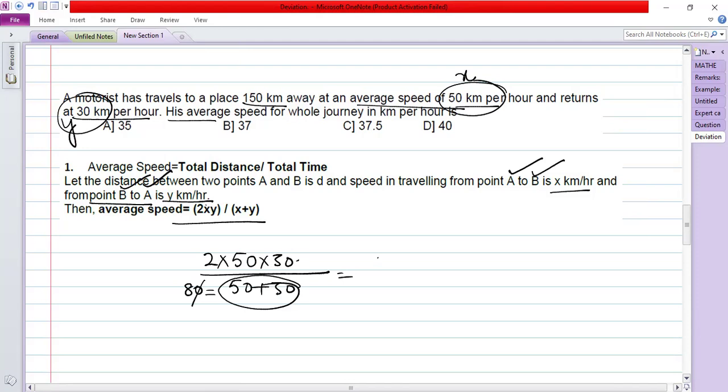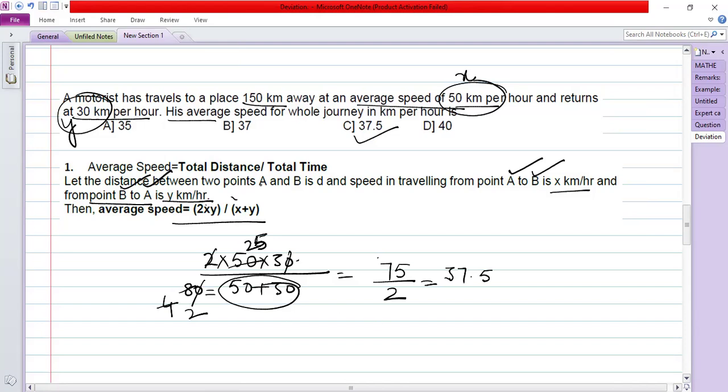We can cancel out and get 25 into 3, which is 75. 75 divided by 2 gives us 37.5. So option C will be correct.